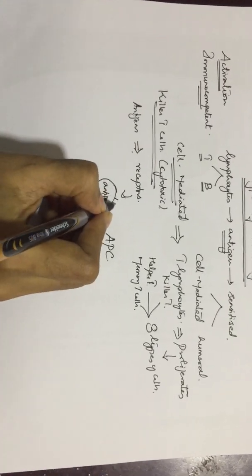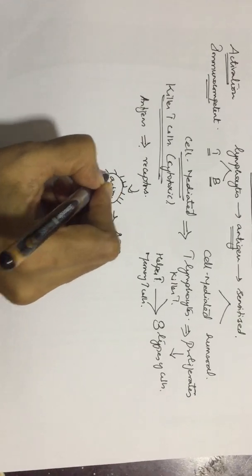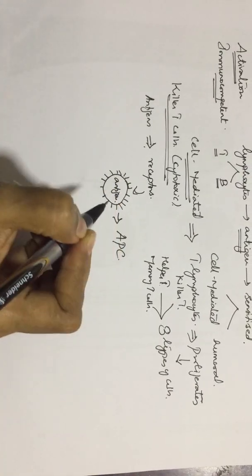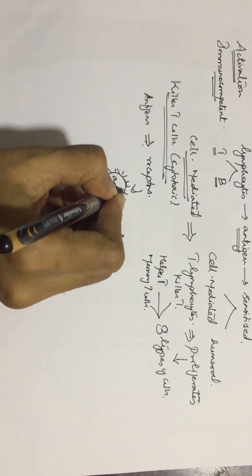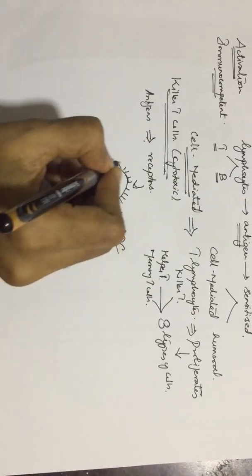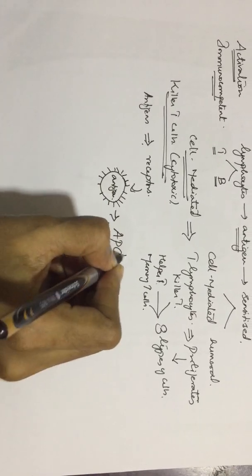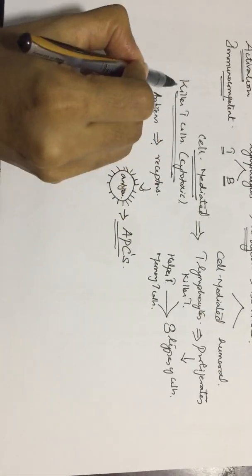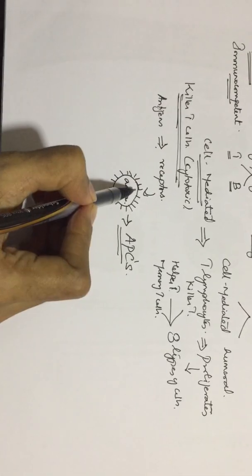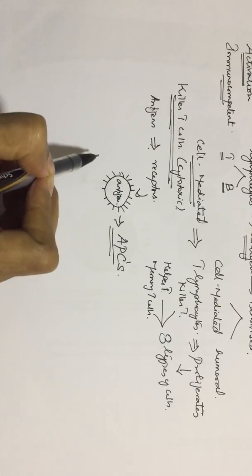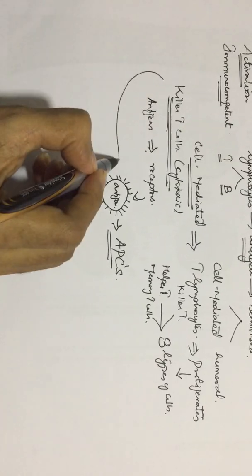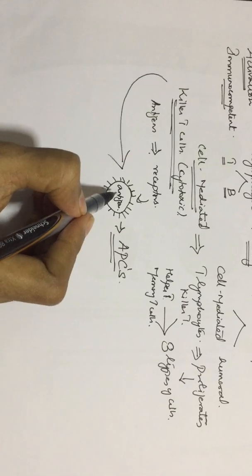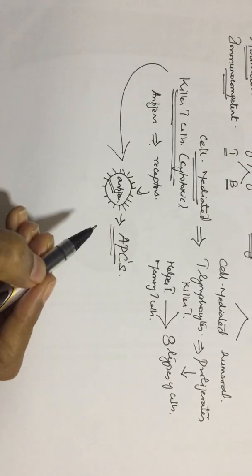Unless these cells present the antigen to the lymphocytes, they can't recognize or identify that the antigen is present in these cells. That is why these cells are called antigen presenting cells. When the lymphocytes, especially the killer T cells, recognize these antigen presenting cells, they will destroy them, thereby indirectly destroying the antigens also.